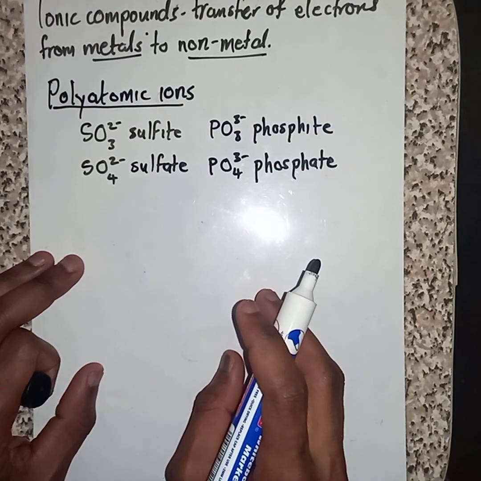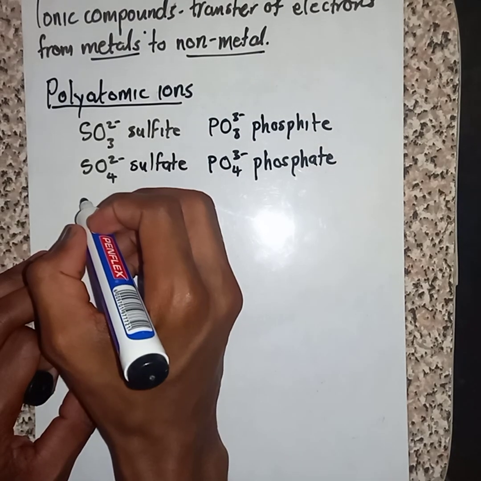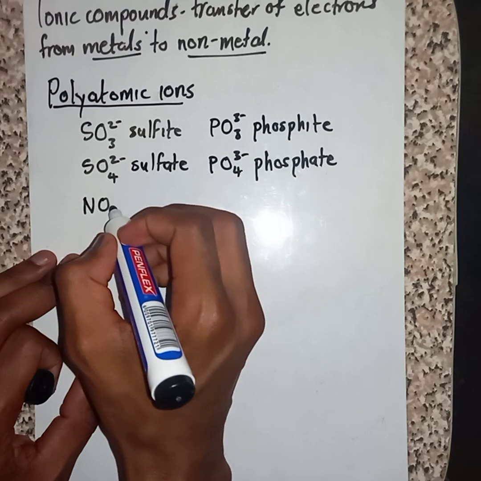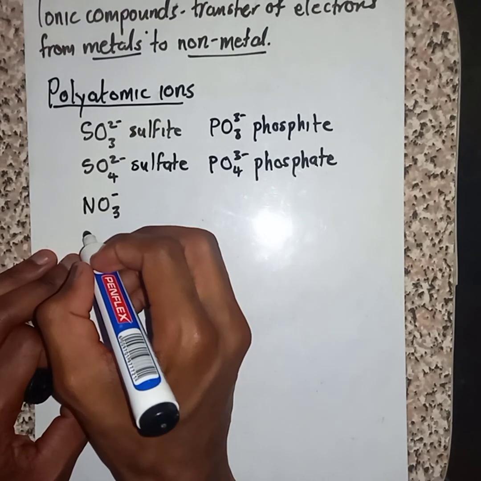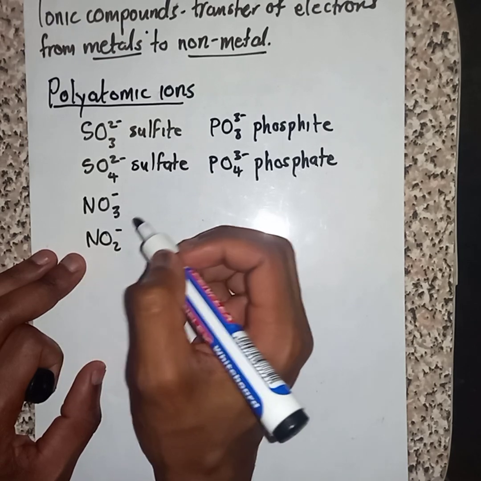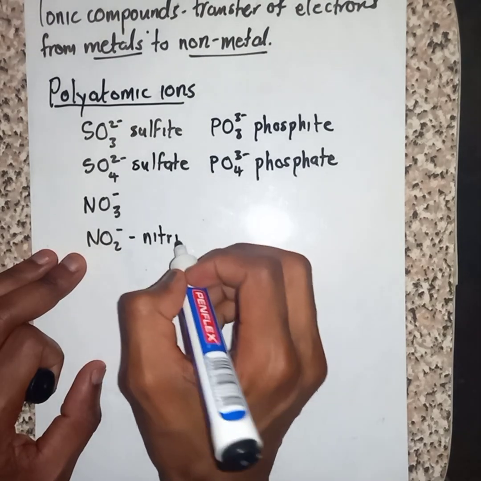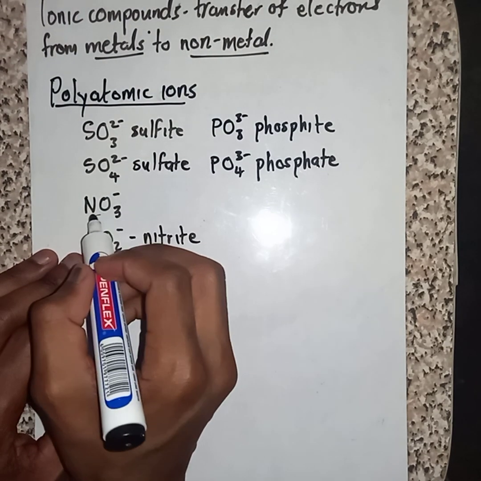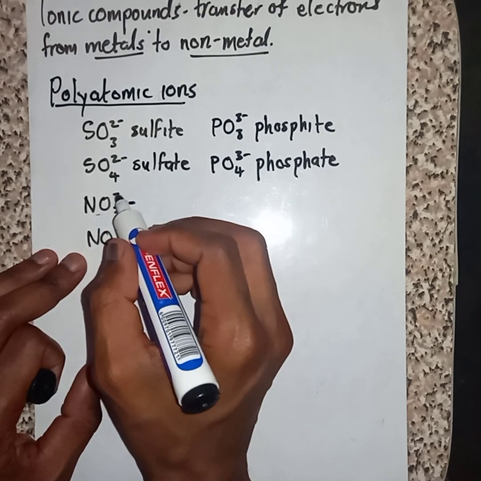Then some of them that you should know as well is this one, NO3-, as well as NO2-. We call this one nitrite with an I. We also have this one, NO3 with a charge of -1.